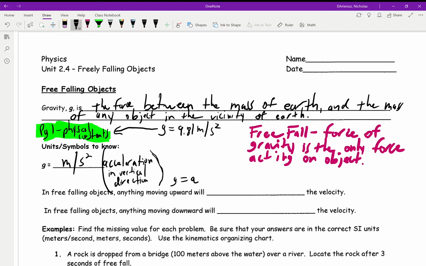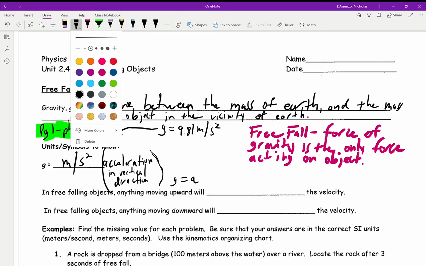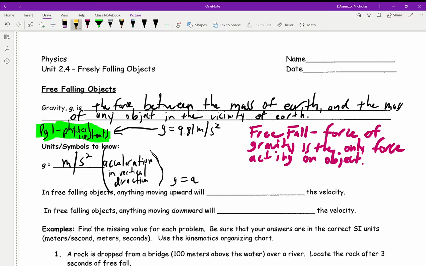Now, if we go to the back of your reference table, there's a few different equations that we'll be using. But really what we're going to be focused on is the equation d equals v_i t plus 1/2 a t squared.